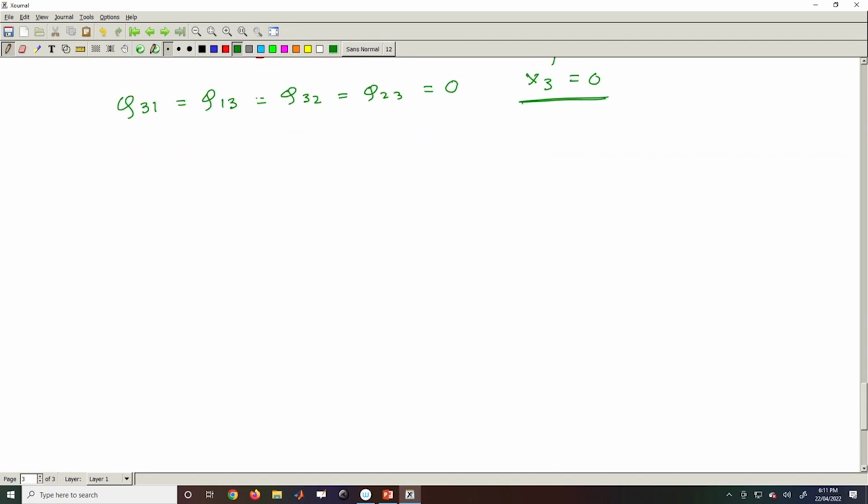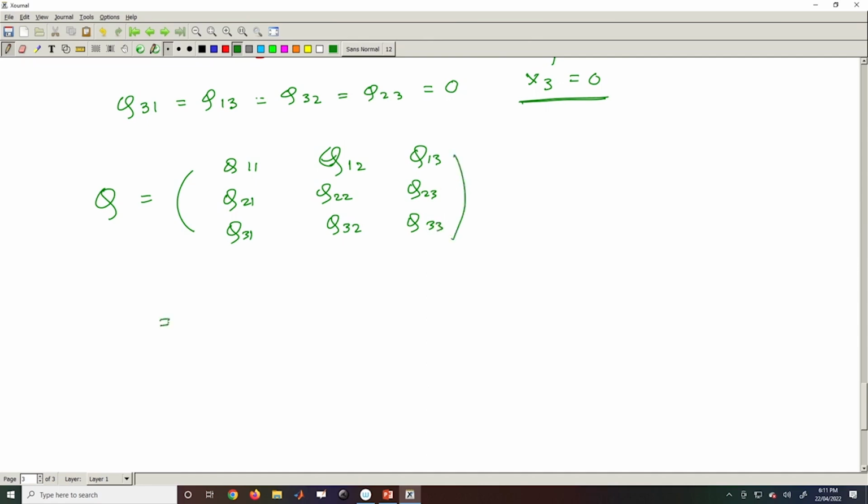So, if I put these 9 components together, I will have q is equal to q11, q12, q13, q21, q22, q23, q31, q32, q33, and the value should be this.